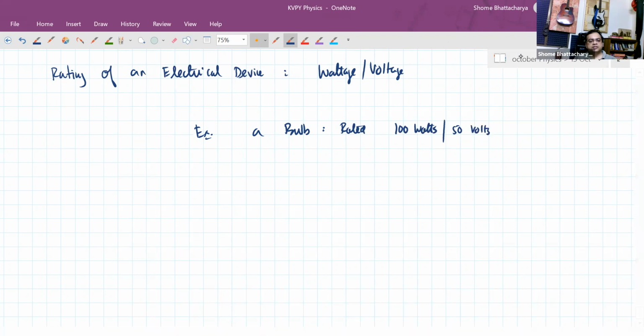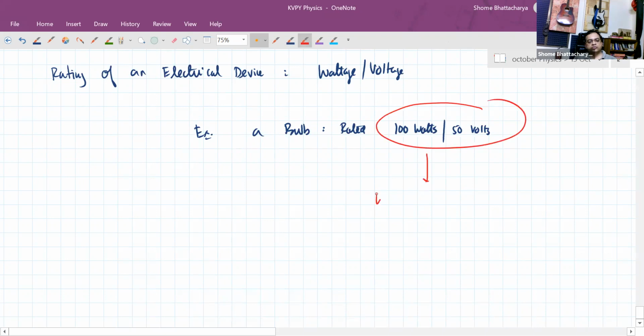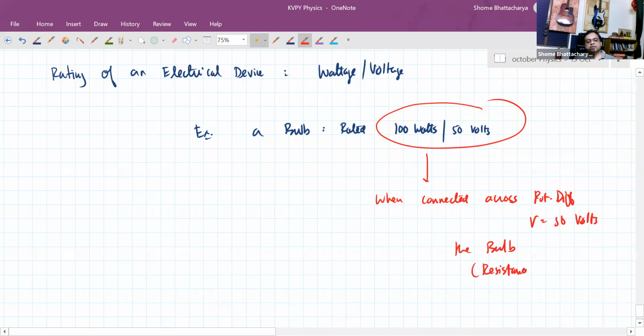So what this statement means is that when connected across a potential difference of 50 volts, the bulb, which is basically acting like a resistance, will consume 100 watts. This is the meaning of the statement.